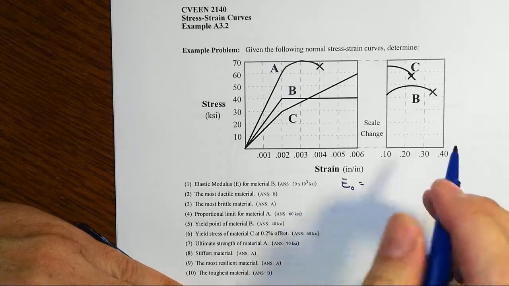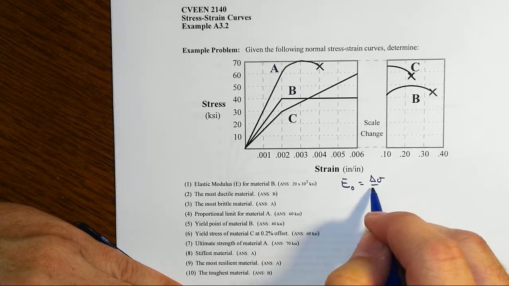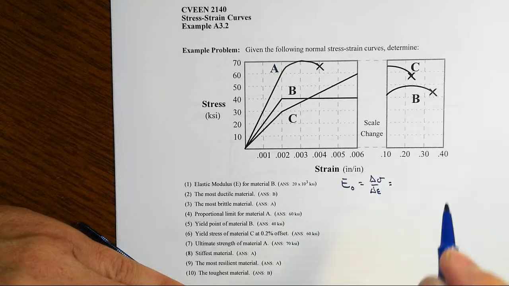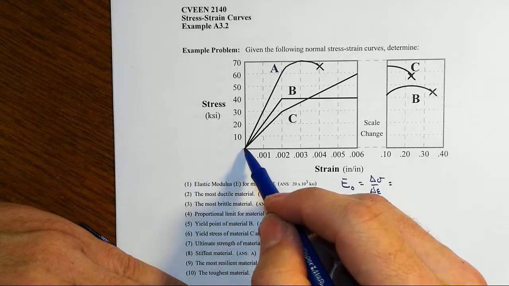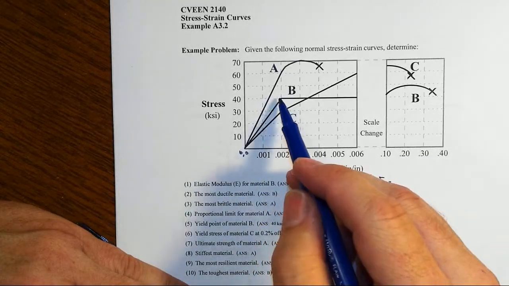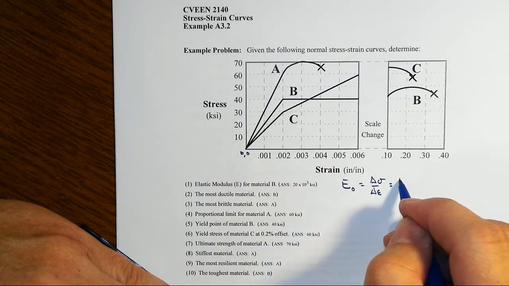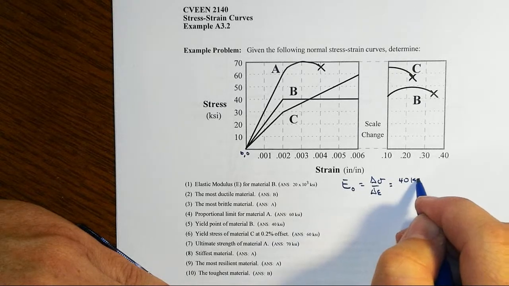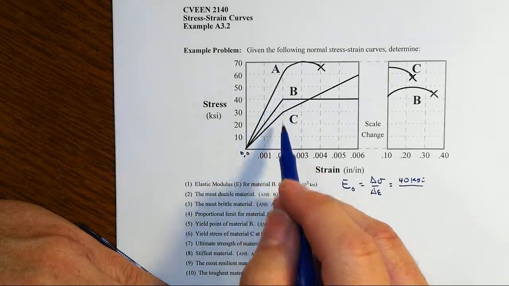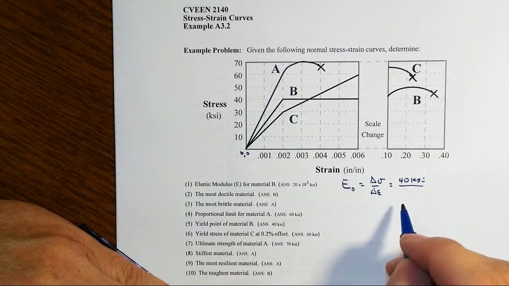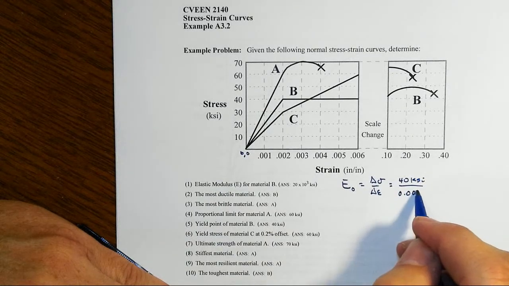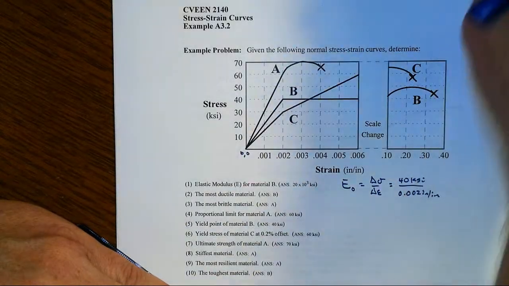elastic modulus E is delta sigma over our change in strain from two different points. Let's use 0, 0, and we'll use this yield point that's up here. So that would be 40 KSI over the strain value, and that strain value is 0.002 inches per inch.